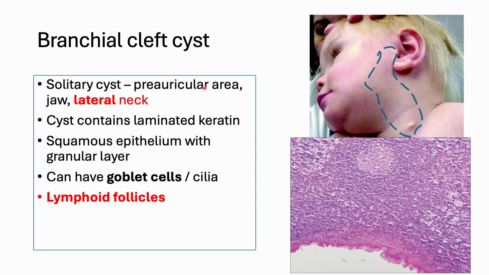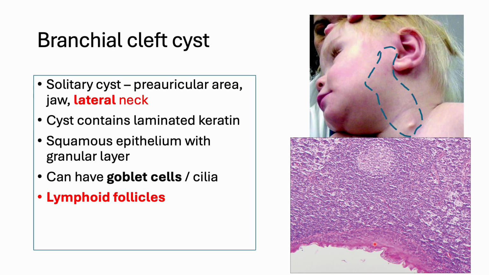The next type of cyst is also not very common, and it's called a branchial cleft cyst. The common locations include the preauricular area, from the jaw, as well as the lateral neck, as we see here, where there is a little cyst in this location. The cyst content is usually laminated keratin, the epithelium is squamous epithelium, and there is also a granular layer.